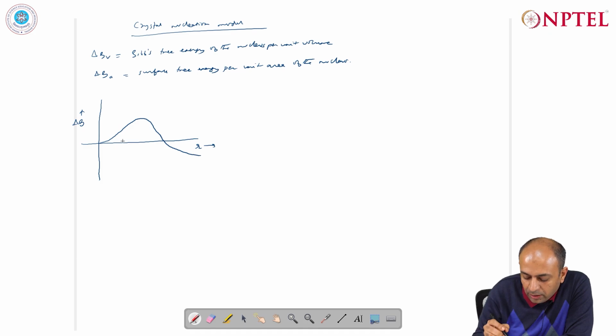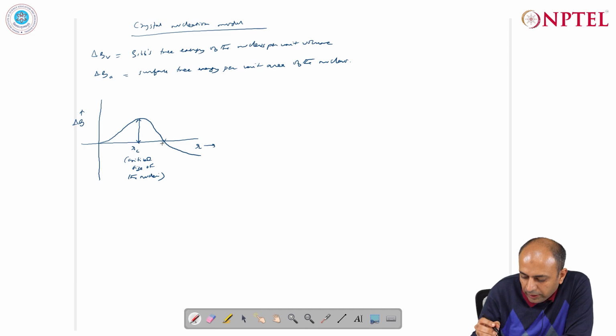So here there are different regions we need to consider. There is an activation barrier, and when you reach this activation barrier, this represents Rc, the critical size of the nuclei.